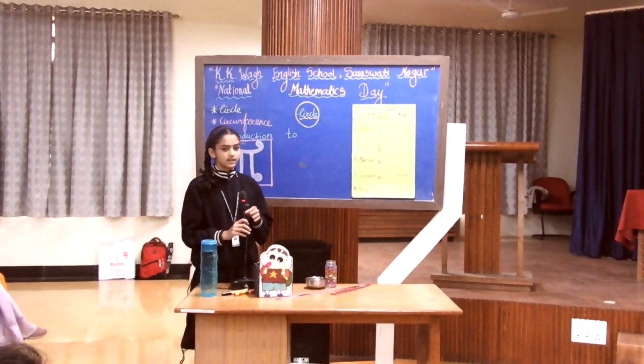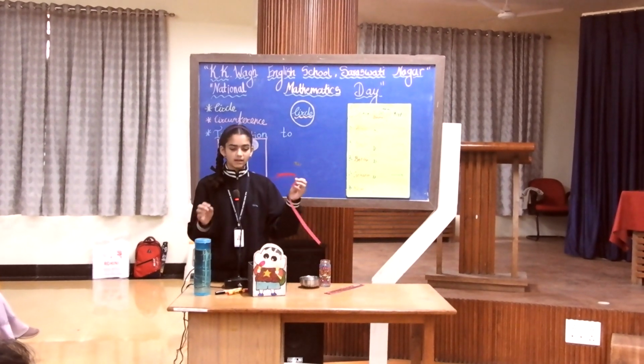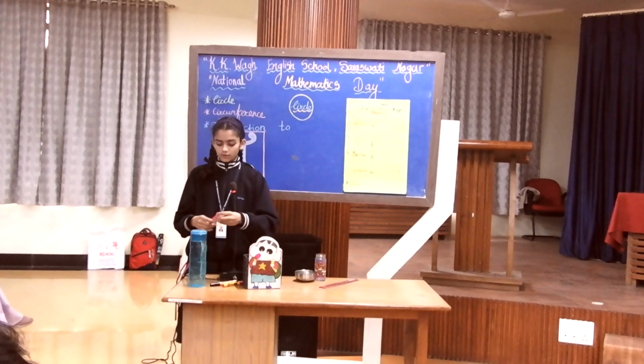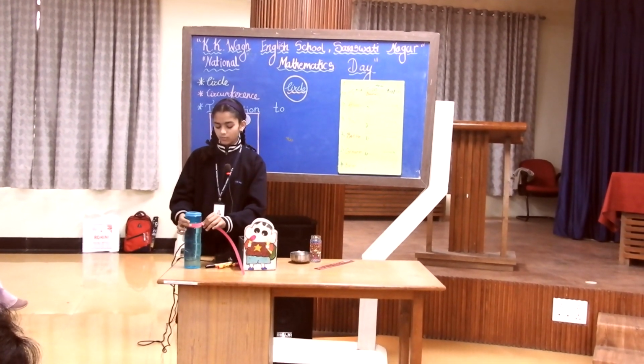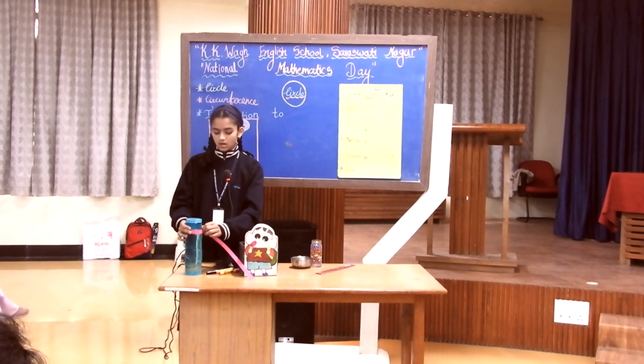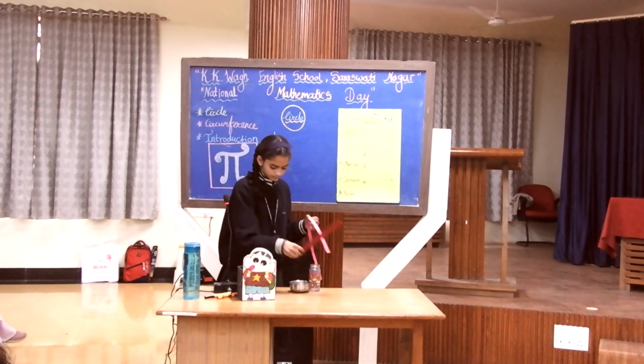For showing you practically, I have some circular objects, one paper strip and a scale. What we will do is keep the strip on the boundary of the object, then mark it, and then measure it on the scale.